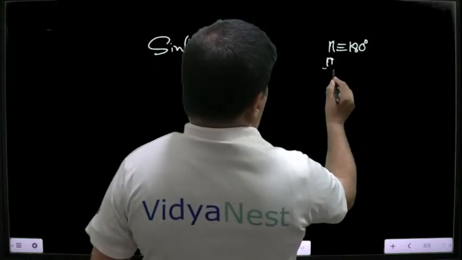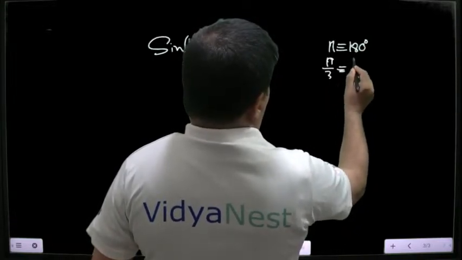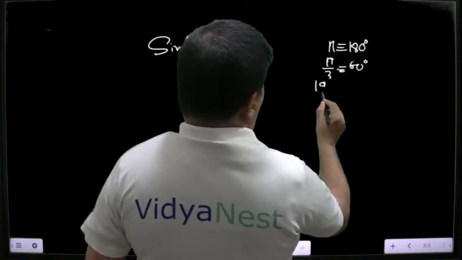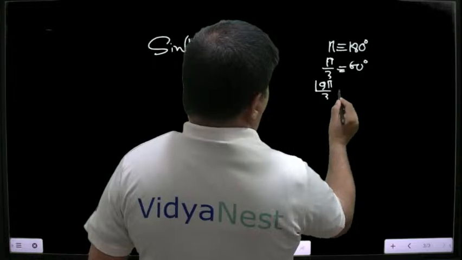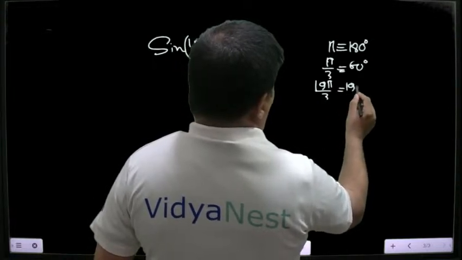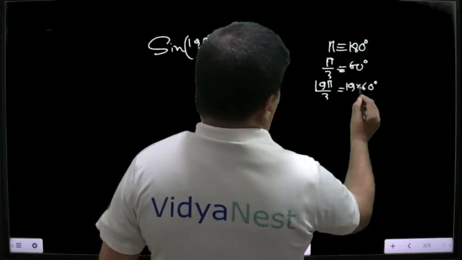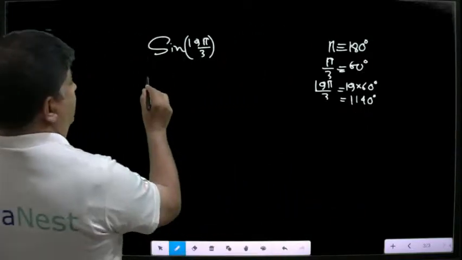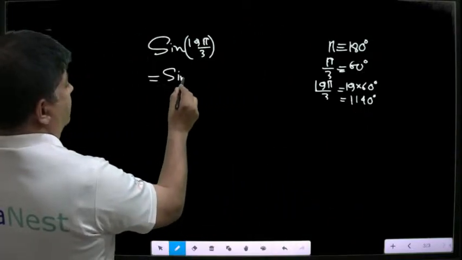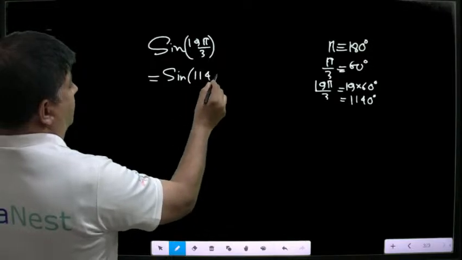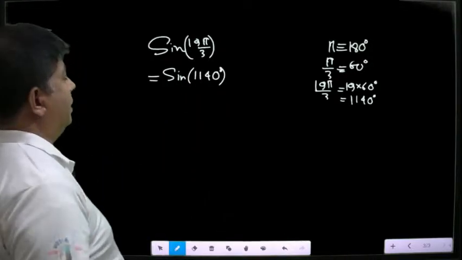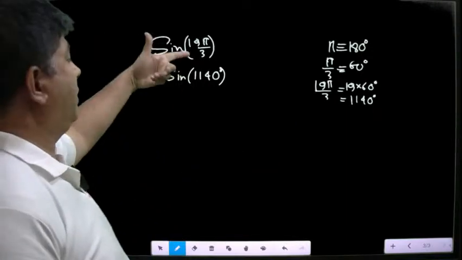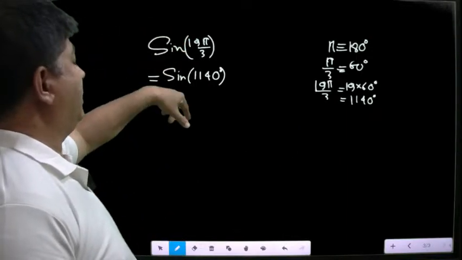So, pi by 3 is 60 degree, and 19 pi by 3 will be 19 into 60, that is 1140. So, it has become sin 1140 degree. Now, we have converted this from radian to degree.